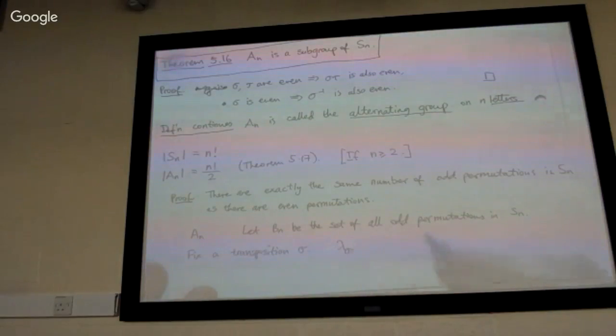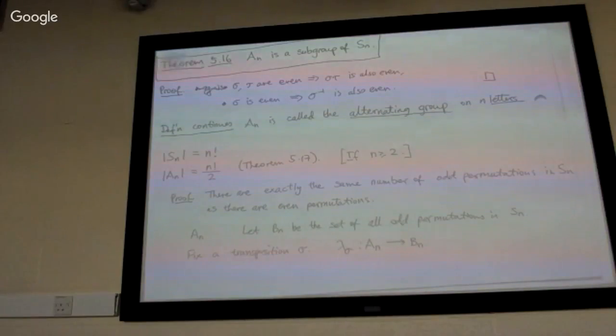So this assigns to every even permutation an odd permutation, because it multiplies it by one transposition, so it changes the number of transpositions from an even number to an odd number.